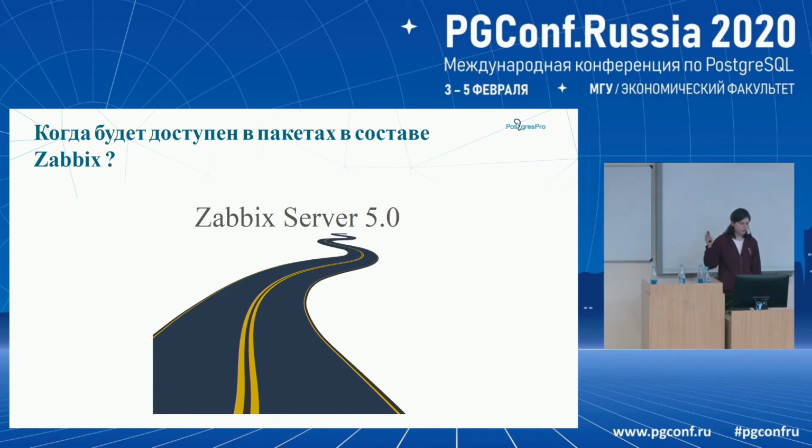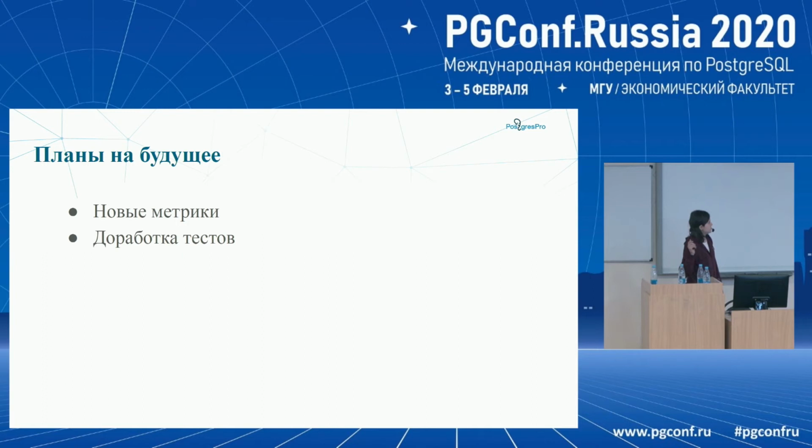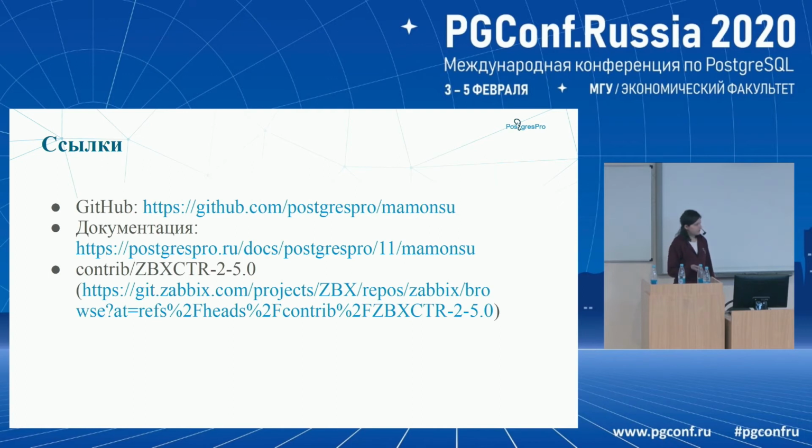Our plan is to add the Go agent for Zabbix server version 5.0. We plan to add new metrics and to fine-tune the tests. Here are some useful links for you, links to Mamonsu. It's on GitHub, so please go there. You can check how it works.